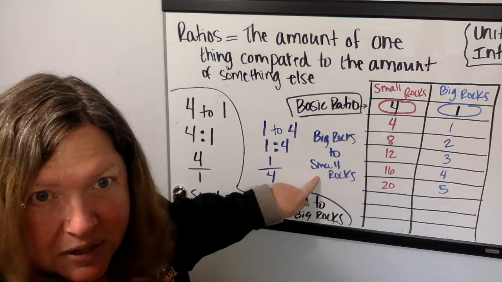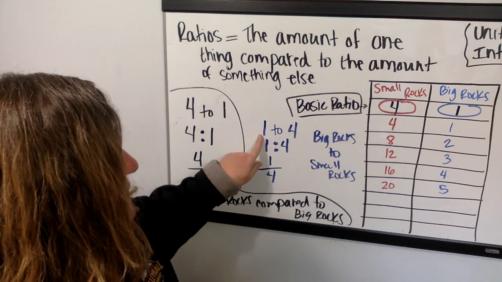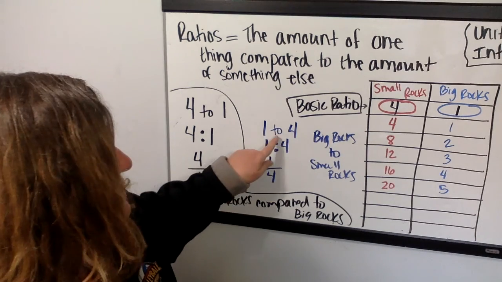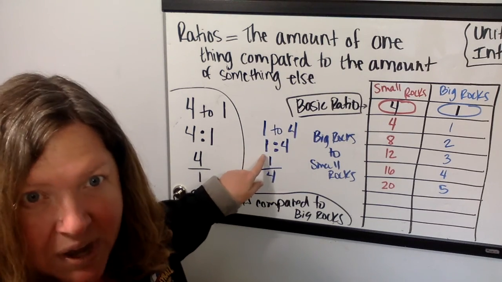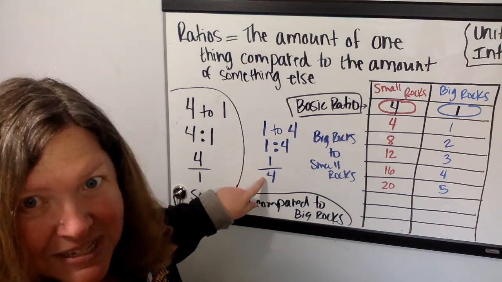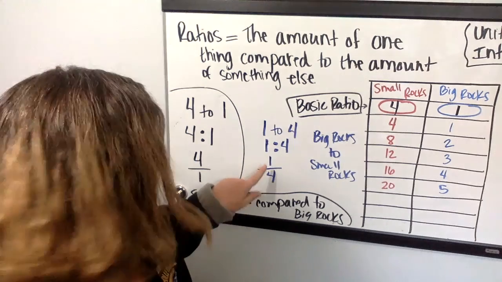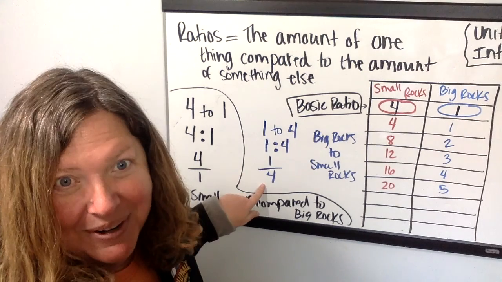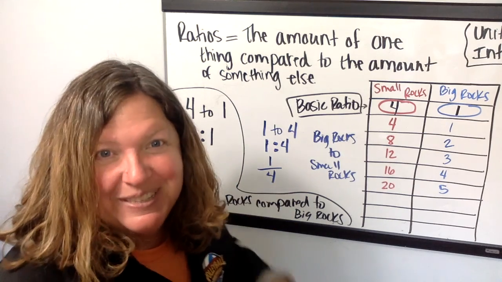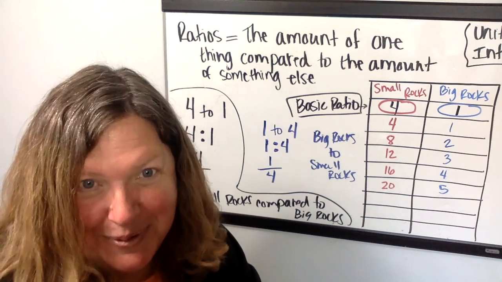So it has to be the number of big rocks to small rocks. So 1 colon 4, which we also read as 1 to 4, or what looks like 1/4, but we actually are going to read it as 1 to 4 because we're talking about ratios. I hope this is feeling somewhat familiar for you.